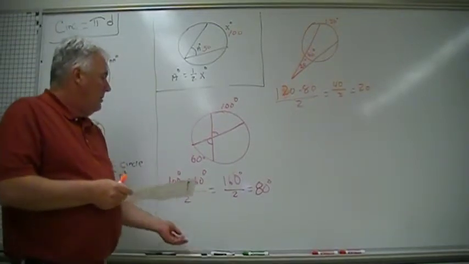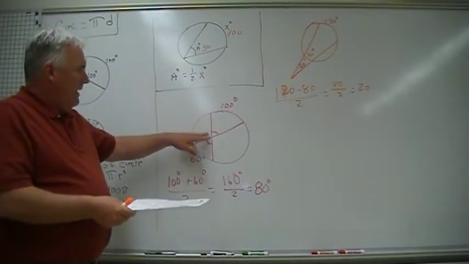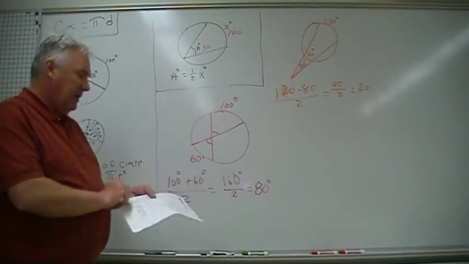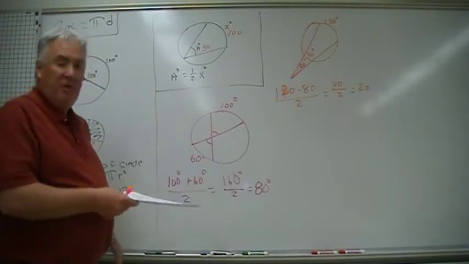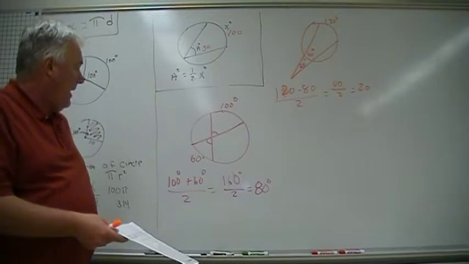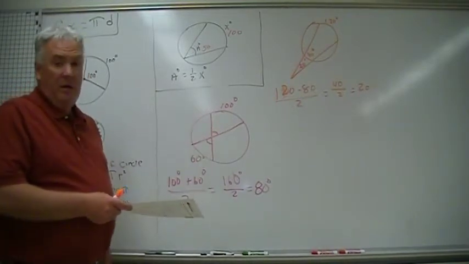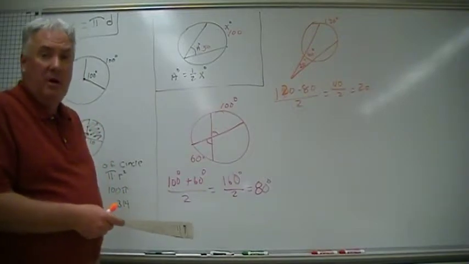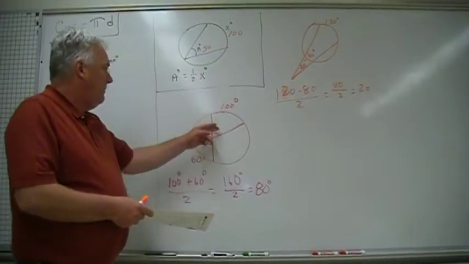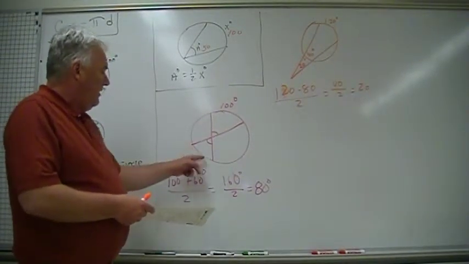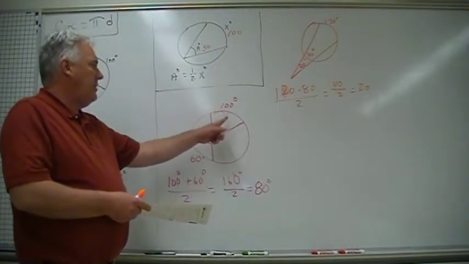Next, when we have angles on the inside as well, and this is similar to numbers 12 and 13 on the back, these angles are congruent from the vertical angles. You remember vertical angles are congruent. So these are the same. We know this is 60, we know this is 100.